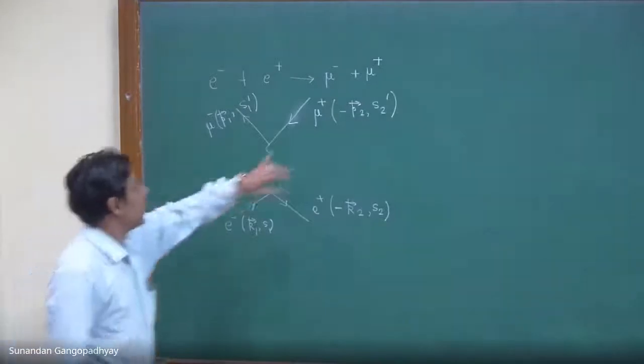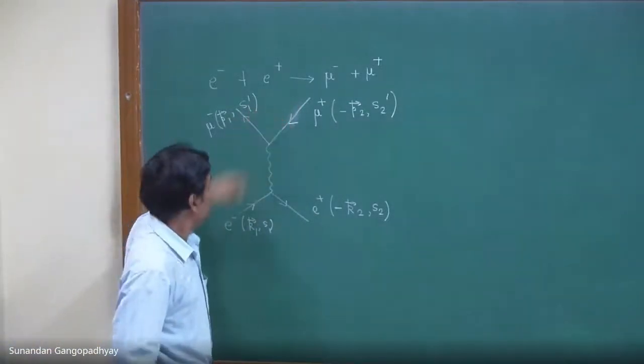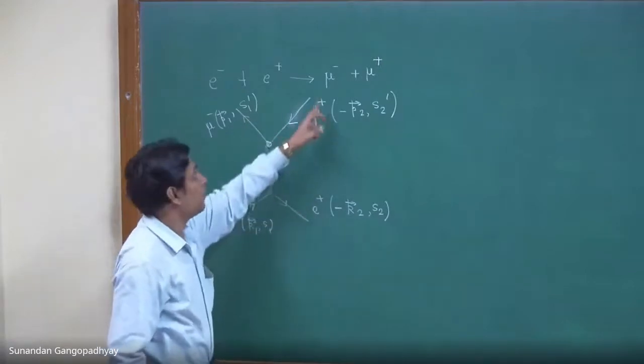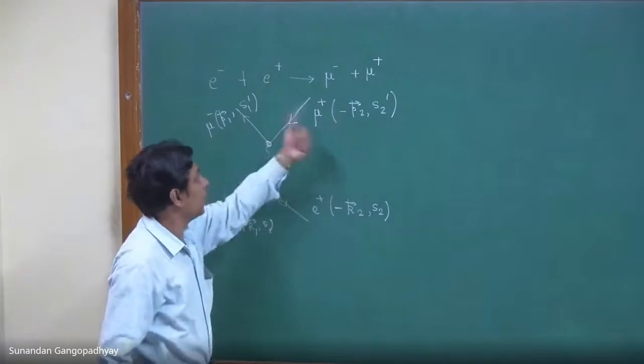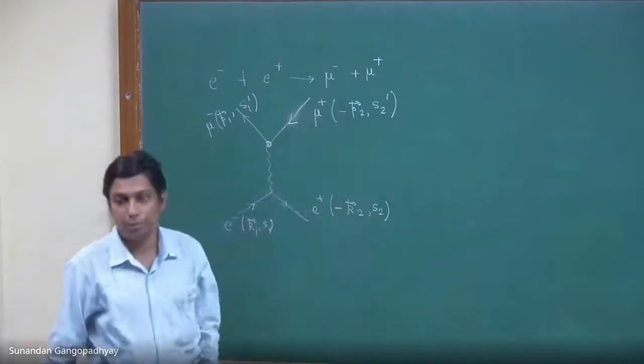So you can understand that when the arrow is in this direction for the outgoing particle, it means that the mu plus, the antiparticle of mu minus, is being created. The momentum in this direction is minus p2, so in that direction it is plus p2.